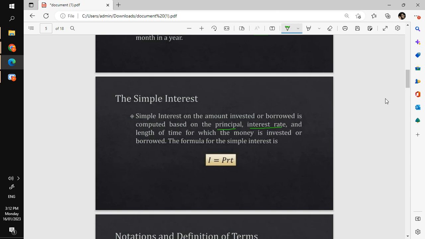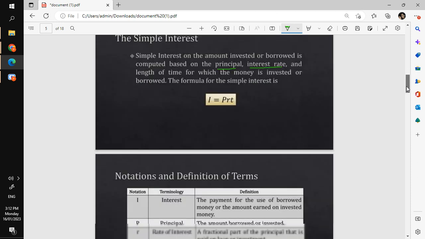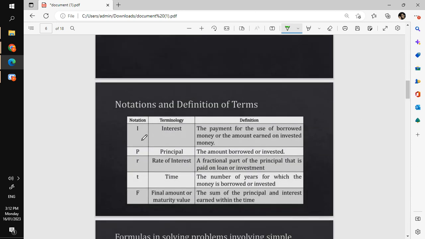Later on, I will be giving you a shortcut on how to compute the simple interest and solve problems involving it. We have different notations. I denotes the interest, or the payment for the use of borrowed money or the amount earned on invested money. In Bisaya, it's ang tubo.